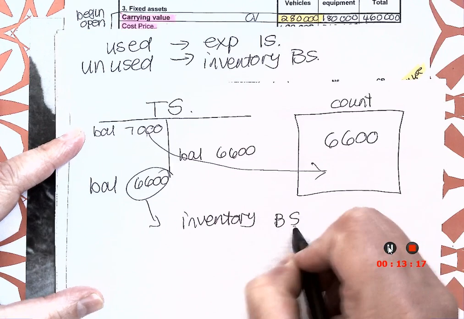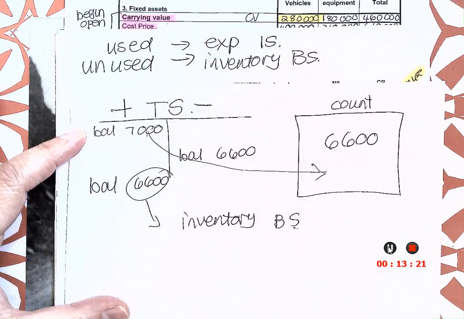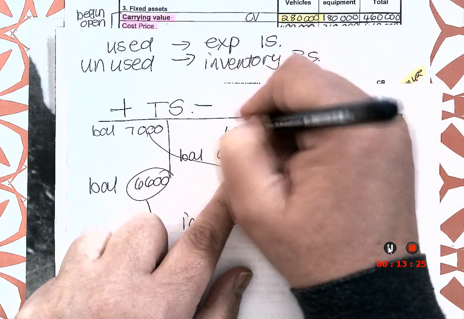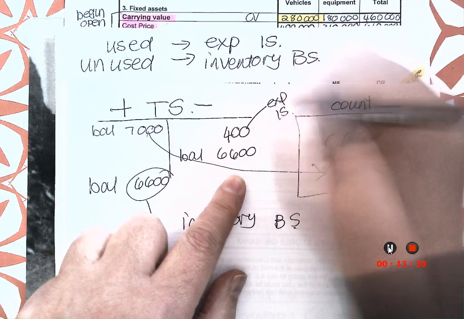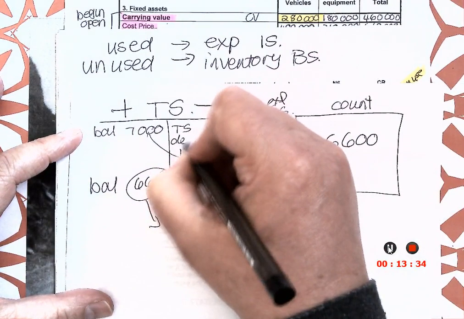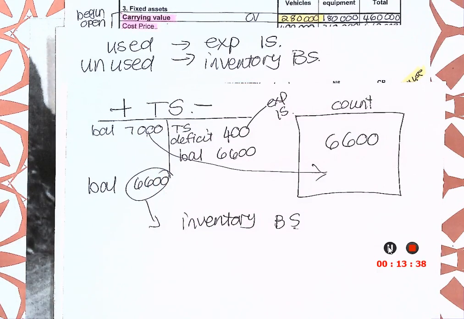Now, I know trading stock is a plus and a minus. So can you see I'm short 400? And that 400, I'm going to make an expense in the income statement. And I'm going to say this is trading stock deficit. Does it make sense? Yes.